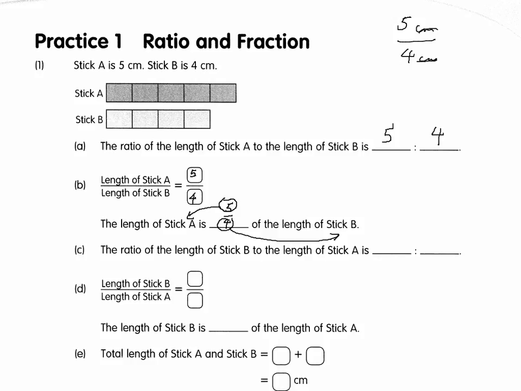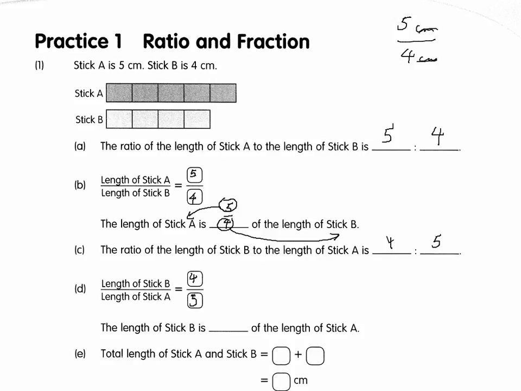Next, when we want to say the ratio of B is to A, Adriana, what's the ratio? 4 is to 5. Then Gabriel, what is the fraction? 4 over 5.